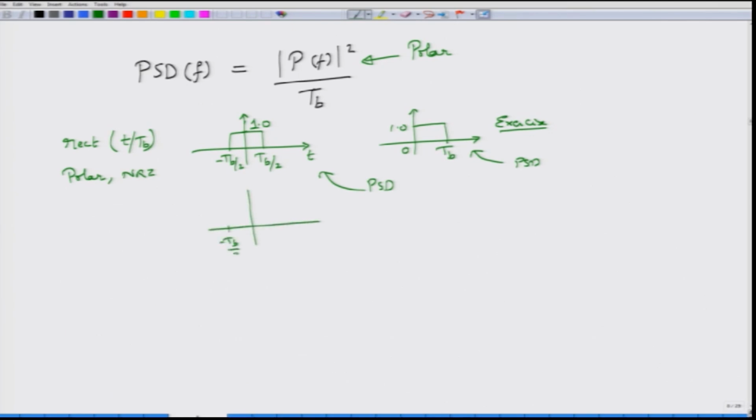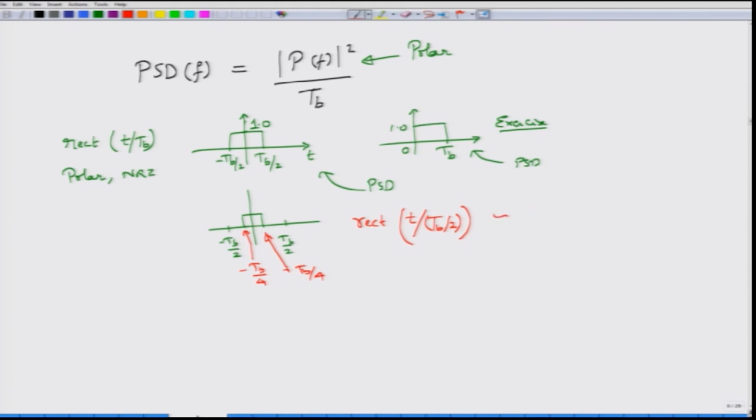Let us say this is still minus Tb by 2 and Tb by 2, but if I consider a rectangular pulse whose duration is only half of the bit period, then this end will be at minus Tb by 4 and this would be plus Tb by 4, and this can be written as a rectangular function with a width which is only half.